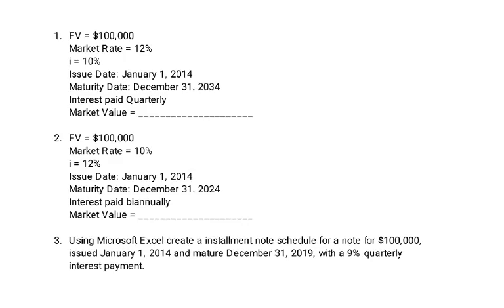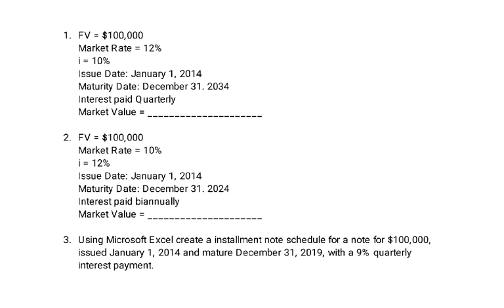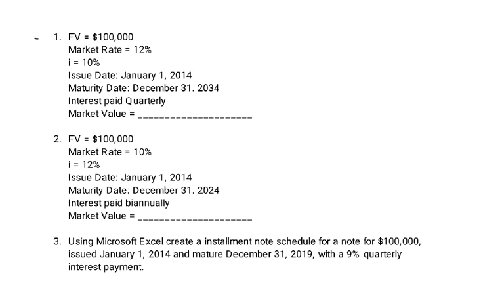So it states that there's a bond. We'll deal with the first one first. It has a face value of $100,000, market rate of 12%, and a stated rate of 10%.